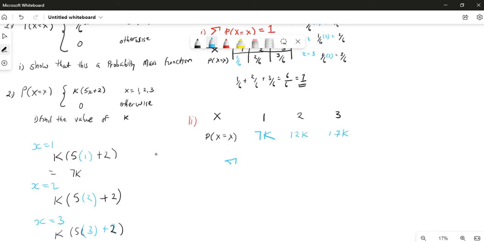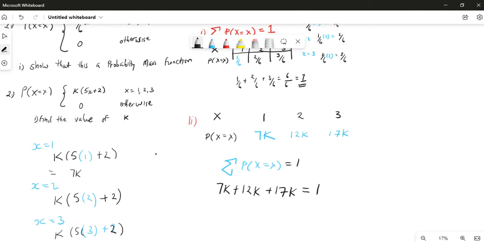So remember, the summation of the probabilities equals 1. So we're going to have 7k plus 12k plus 17k equals 1.